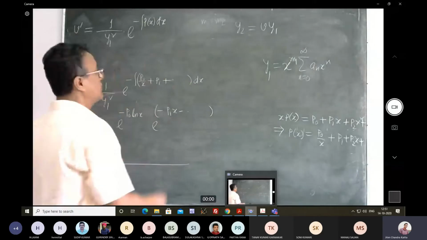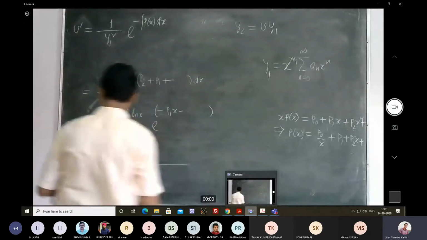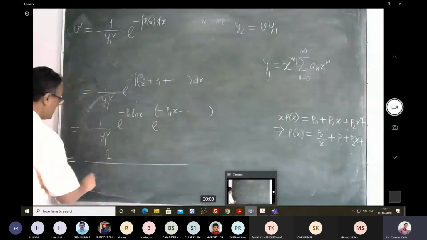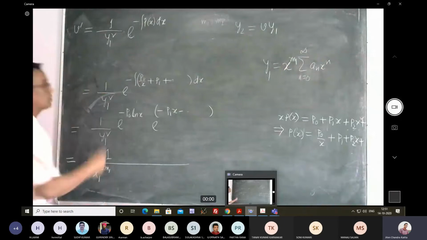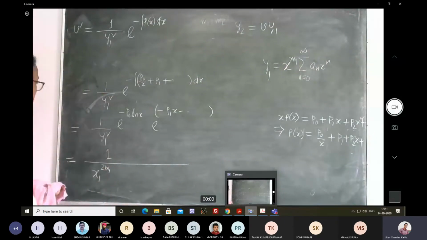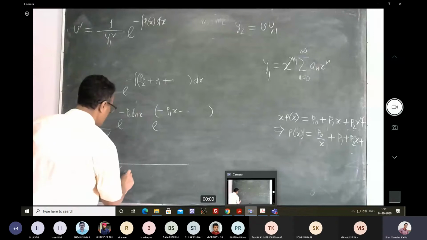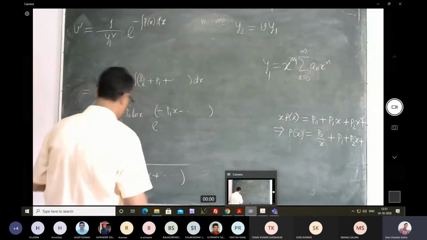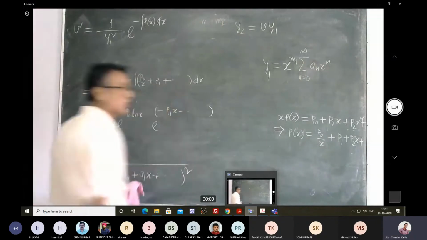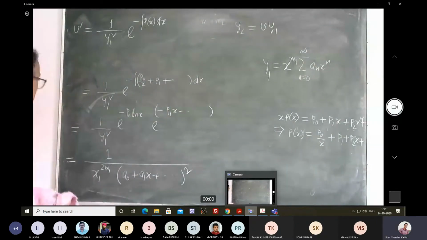Okay, so then for y1 squared, it is going to be x to the power 2m1, and then simply a naught plus a1x plus so on, this whole squared.